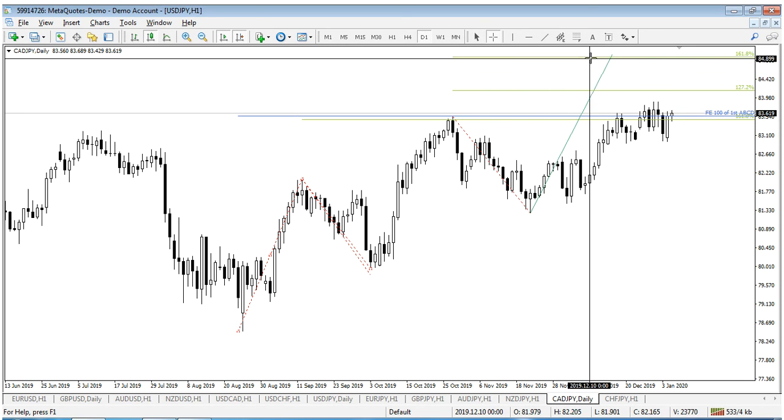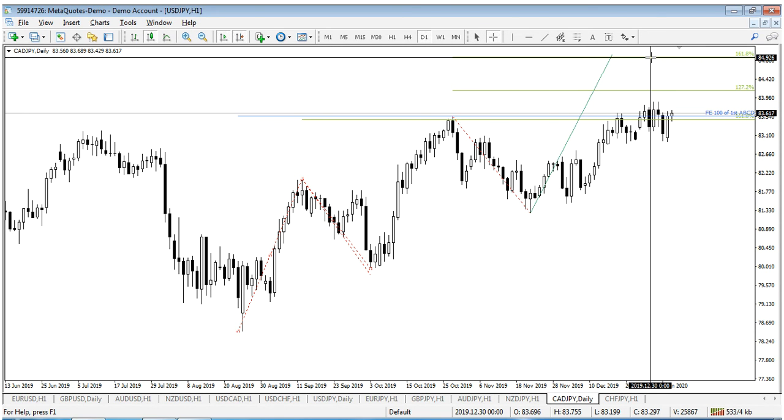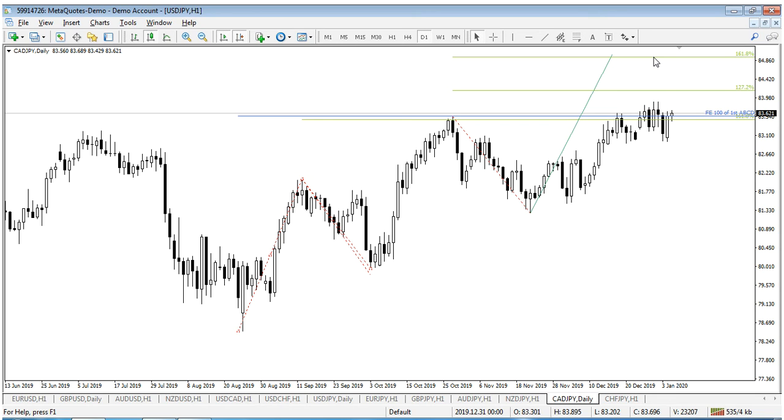So probably this three drive will be completed at the 84.95 area, 84.9395 area. Nevertheless, this is not the required criteria for the formation of a three drive. The minimum criteria of a three drive is a 127.2% extension of the previous retracement. So this was the previous retracement from this point to this point, and 127.2% is here.